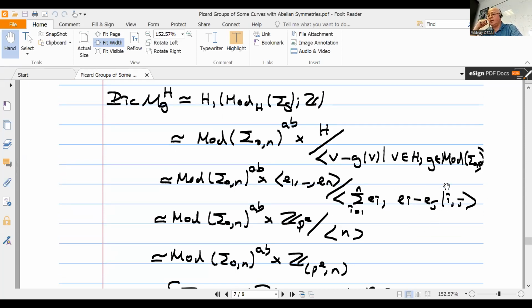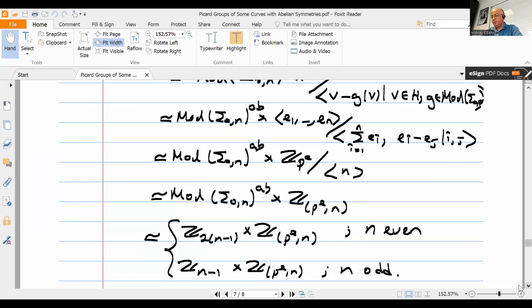So we just divide H by these differences. The end result is the following: this quotient becomes the quotient of the cyclic group by the subgroup generated by N. Of course, that is nothing but the cyclic group Z of order the greatest common divisor of p to the power e and n.